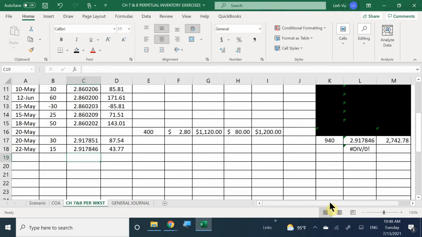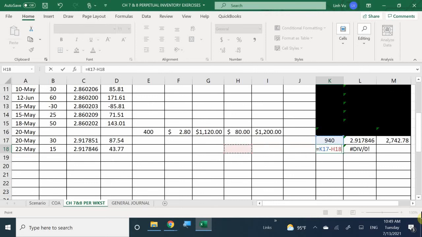So what's my total cost of goods sold if I sold 15 items at $2.91784? $43.77. Okay.